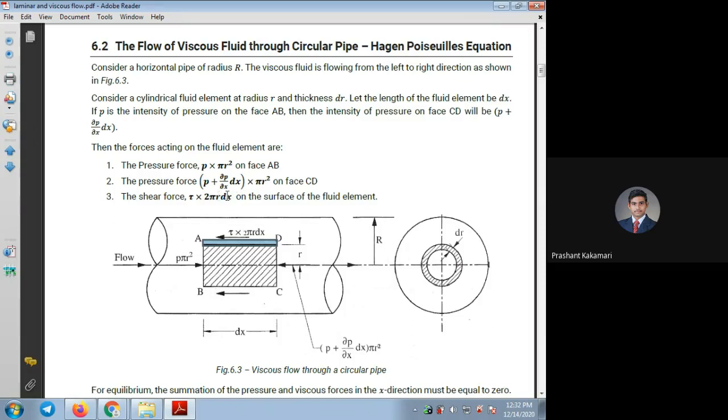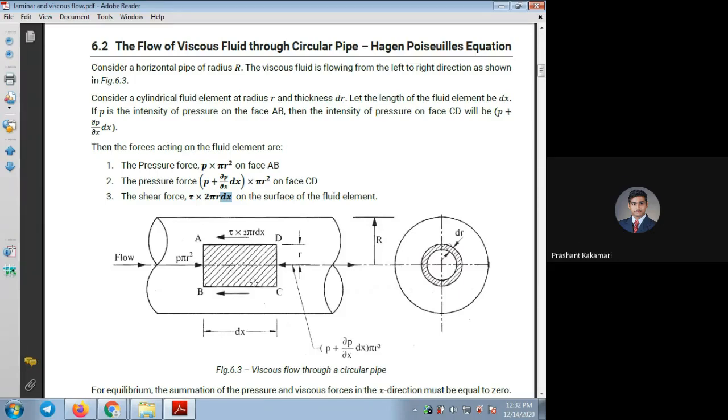It is nothing but 2 pi r into L, where r is the radius and L is given in terms of dx, the length of the small cylindrical element. So these are the three forces which are responsible when the flow is incompressible, viscous and in laminar condition.